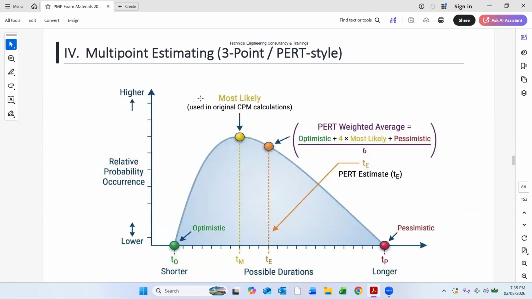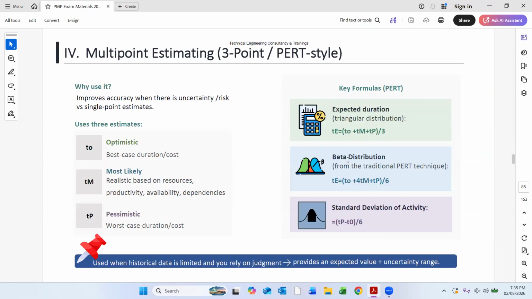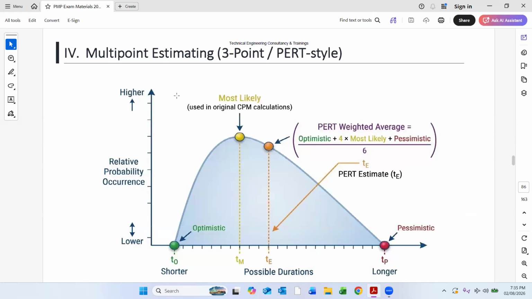So here in the PERT, or 3 point estimation formula, this is the probability versus occurrence. These are possible durations. We see here optimistic to pessimistic as a possible duration. So we are optimistic that this task will finish in less time, but pessimistic that this task will take longer. If we draw this possible duration, this is the most likely, and this is the expected.